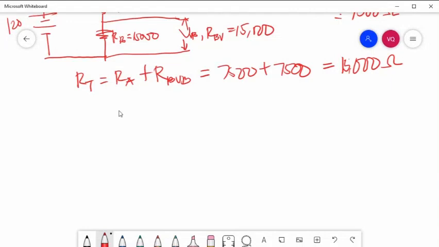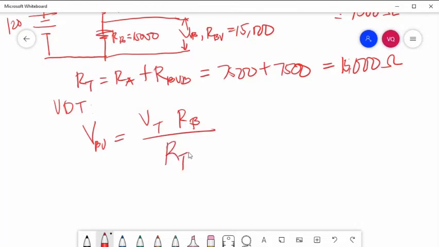Next, the voltage drop reading at voltmeter V is equal to total voltage times RBVB divided by total resistance.